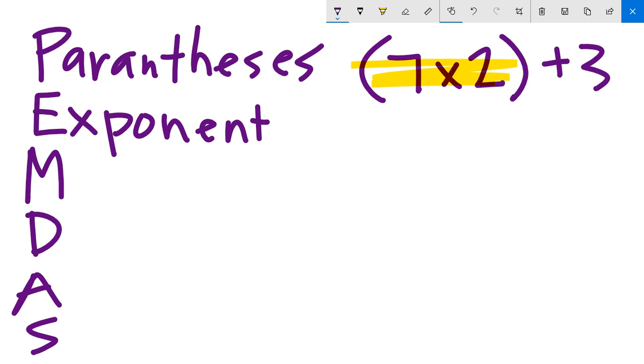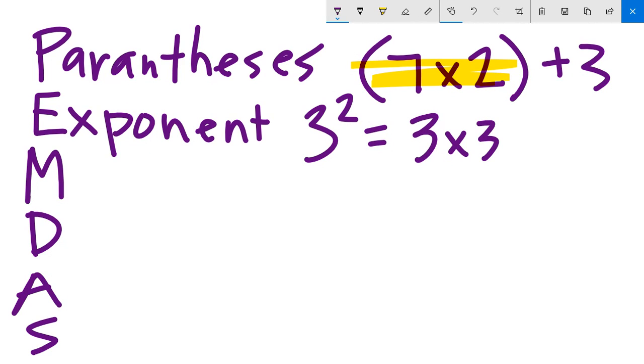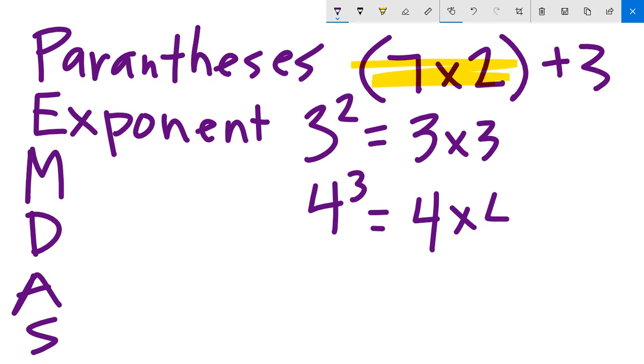Now, exponent means how many times you multiply a base number together. So for example, if you have the number 3 to the second power, it means you're going to multiply 3 times 3. If you have 4 to the third power, it means you do 4 times 4 times 4.